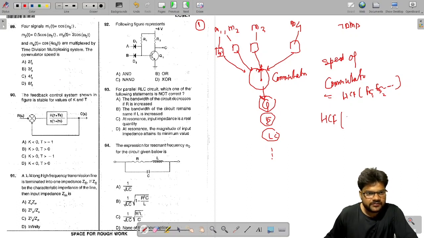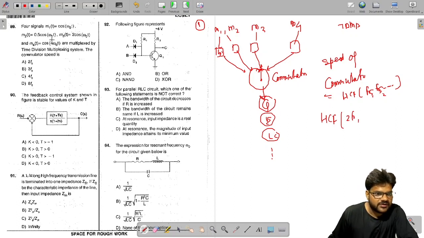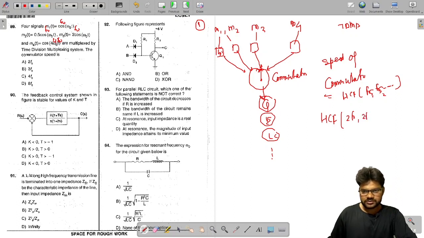So Fs1 will be 2f0, because M1 has frequency f0, M2 has f0, M3 has f0, and M4 has 4f0. So these are 2f0, 2f0, 2f0 and 8f0, and the HCF is going to be 2f0. So the speed of the commutator will be 2f0.